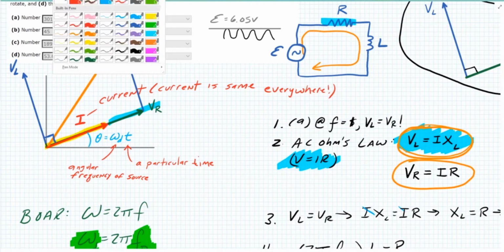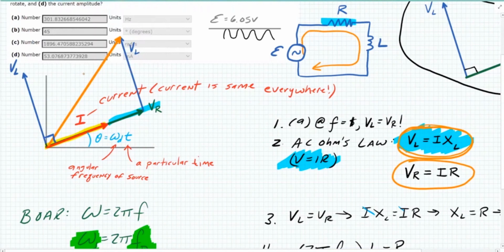At any point in time, this orange vector is telling me what the voltage is coming from my supply, from my source. So this orange vector is the voltage that I'm getting from my source, which is right here, and the phase angle is defined as this.